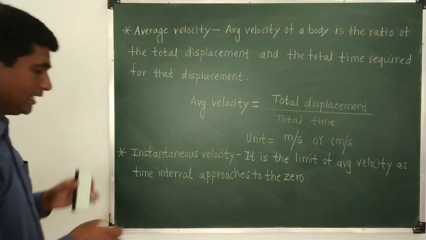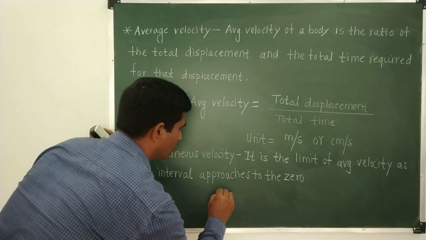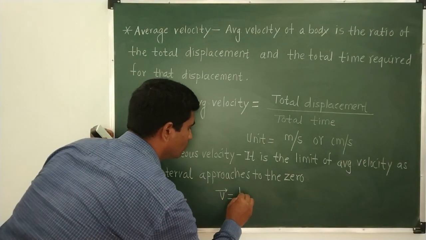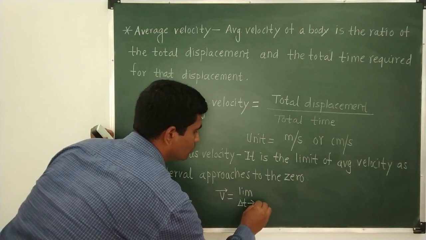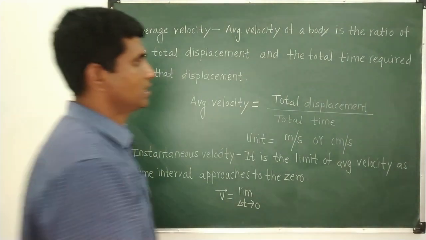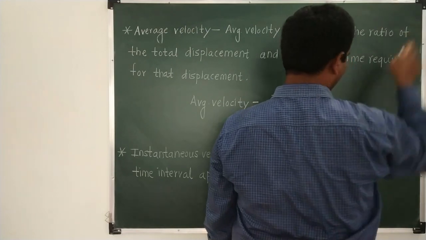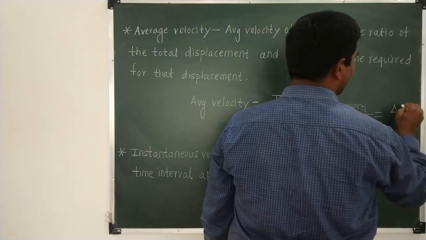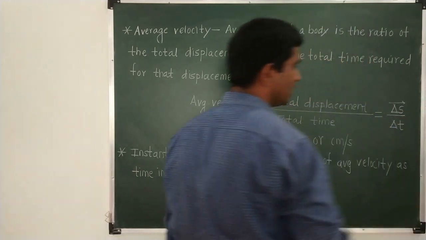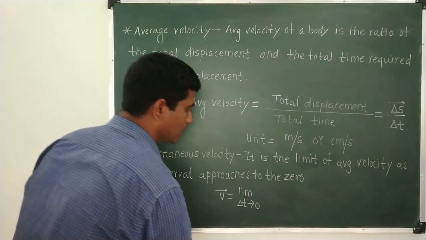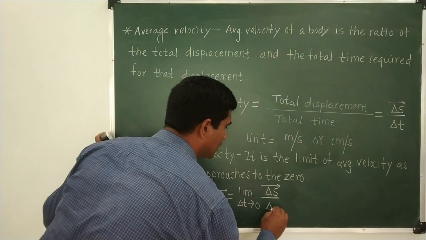Okay. So in mathematical language, I can rewrite the instantaneous velocity. Let us call this V bar, equal to limit delta t tends to 0. In case of average velocity, let us call the total displacement delta s bar over a finite time interval, delta t. So limit delta t tends to 0, delta s bar divided by delta t.